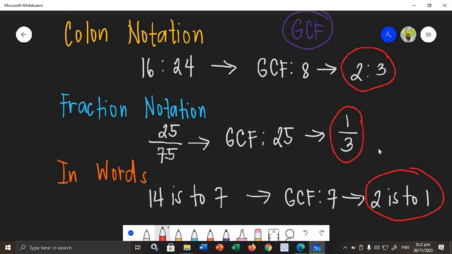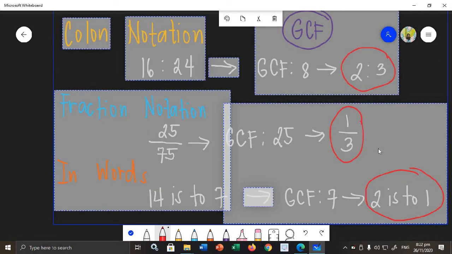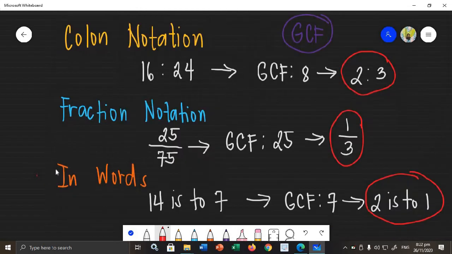Okay? And then, the next one, how are we able to prove if the given ratios are equal? Okay? And by the way, bago ko makalimutan, kapag yung ratio ay naka-lowest term, ang tawag po doon ay basic ratio. So, lahat ng sinolve natin na to, we call it basic ratio.